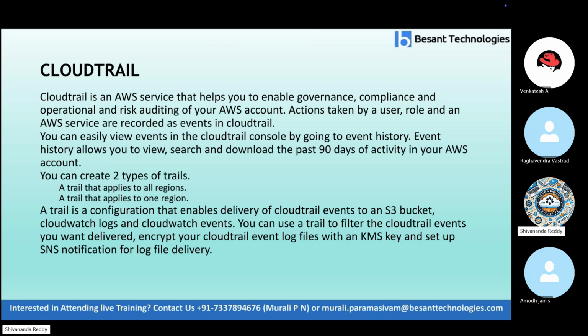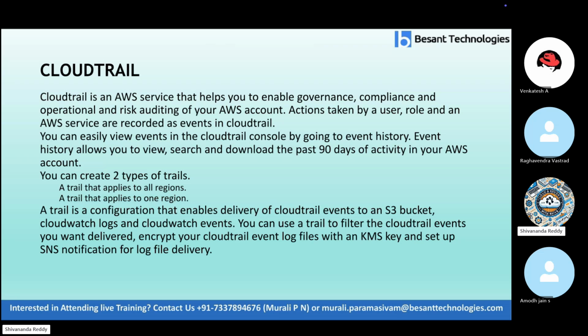Nothing but you want to see in your entire AWS account what things are going on, what's happening. For that, we'll use CloudTrail. Actions taken by a user, role, or an AWS service are recorded as events on the CloudTrail. You can easily view the events in the AWS CloudTrail console by going to the event history. Event history allows you to view, search, and download the past 90 days of activity in your AWS account.